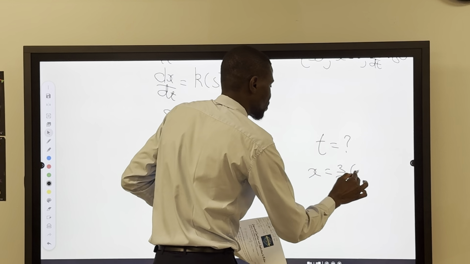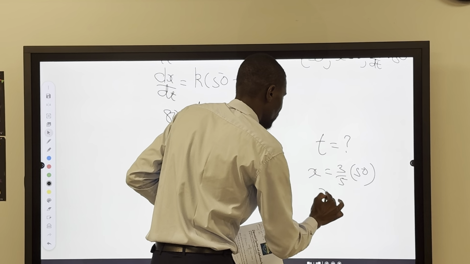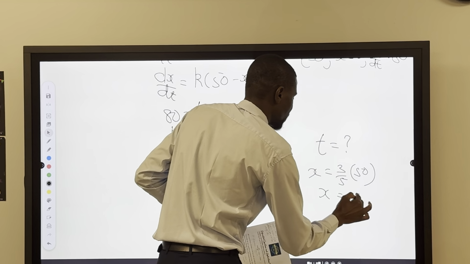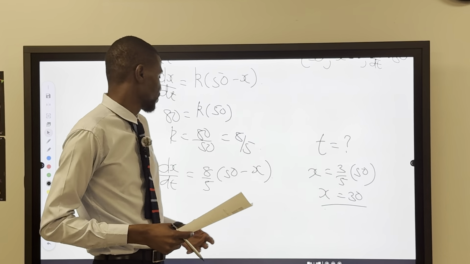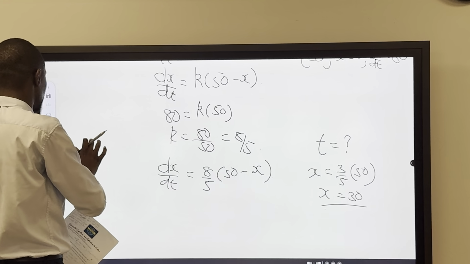Since the total distance was 50, x will be 30. So if we travel 30 kilometers, what will be the time? Let's go ahead and solve this.